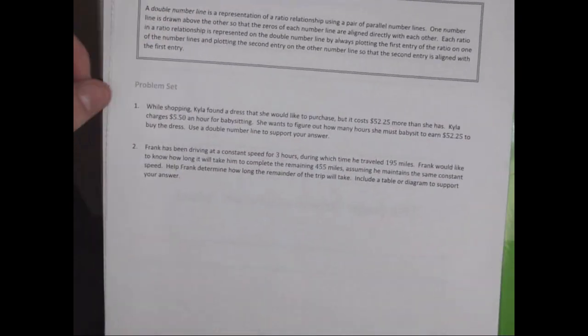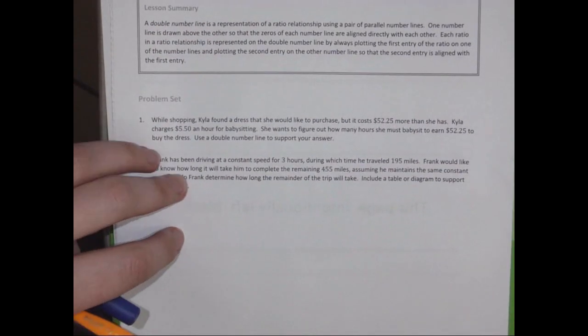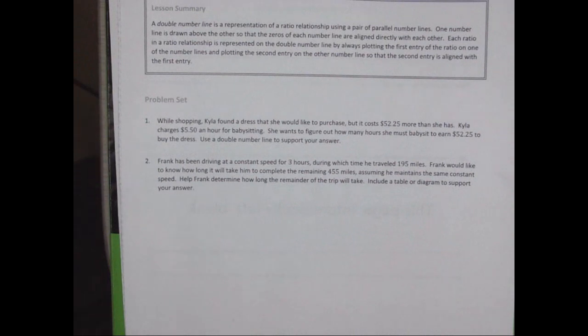Okay, so a double number line. Let's read this. A double number line is a representation of a ratio relationship using a pair of parallel number lines. One number line is drawn above the other, so the zeros of each number line are aligned directly with each other. Do we always write a 0 on both number lines?